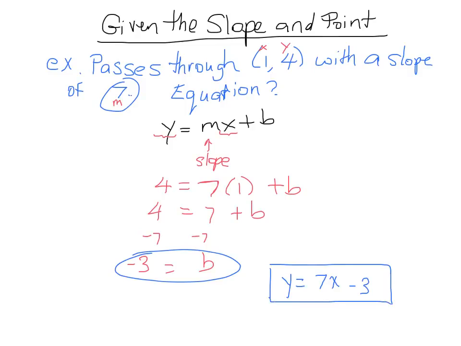Make sure to leave x as x and y as y. Do not put numbers in there because this is the general line which tells you all about x and y all throughout the line. So the equation of our line is y equals mx plus b, y equals 7x minus 3.